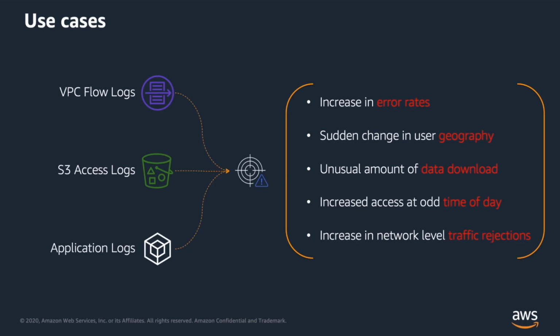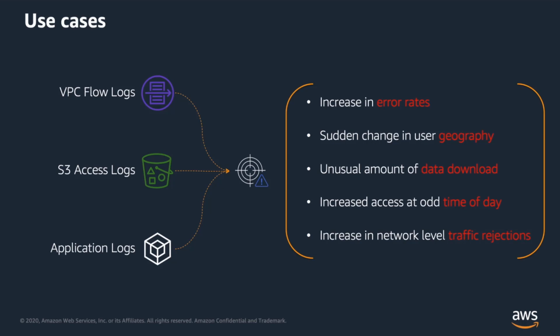Similarly, access to your application at really odd times of the day, or a sudden increase or decrease in the amount of traffic that's getting rejected by your network configuration rules. This, by the way, can be captured in the VPC flow logs.